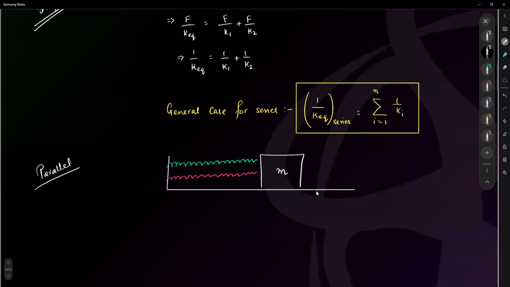This is mass M, and the net elongation here is X when it is pulled by a force F. Here it is K1, here it is K2, that is the spring constants.